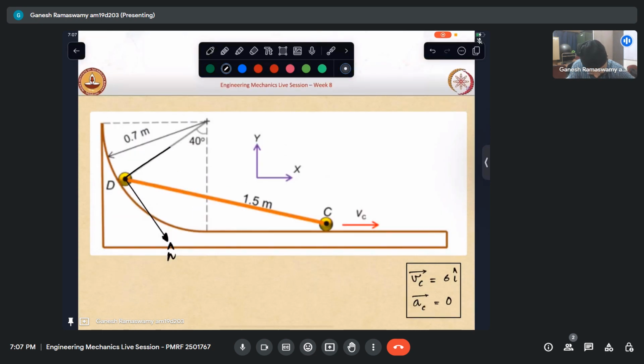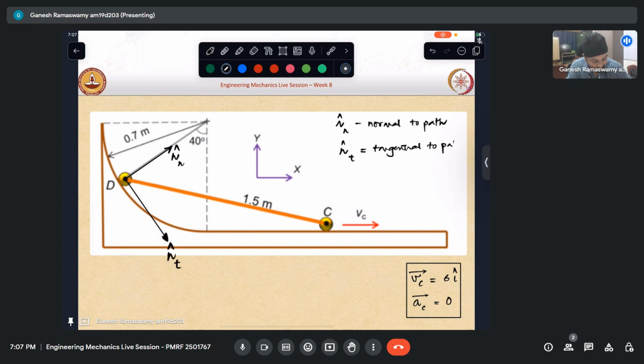So let me call this nt cap, and let me call this nn cap. nn is normal to the path, nt cap is tangential to the path.